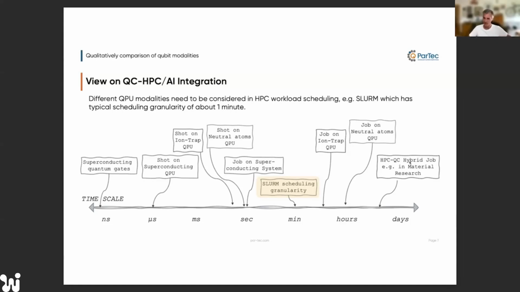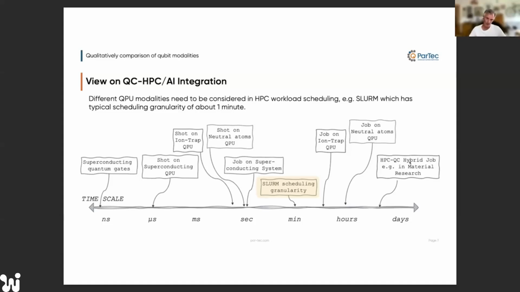And if you then bring that into an application, maybe a material science investigation, it could take you about 14 hours or 60 hours to do the complete job at the end. Of course, you cannot stop an HPC supercomputer while waiting for the quantum computer to come back with the results.